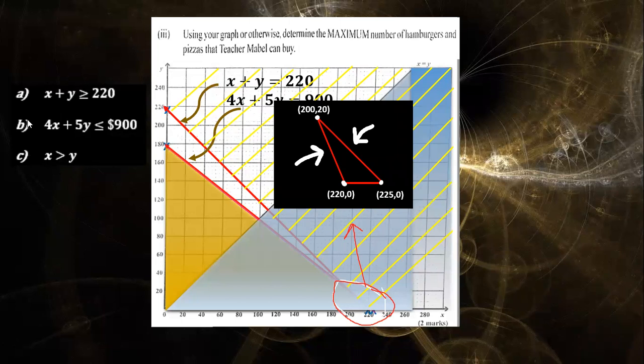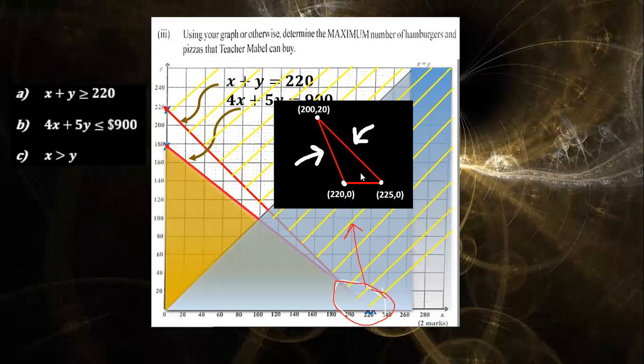So that's the first thing we did, right. And generally, you want to look at the points in the triangle, this point, this point, this point, and see how best they fit with answering the question itself. So the question says, determine the maximum number of hamburgers and pizzas. So the teacher, in all probability, will have bought both hamburgers and pizzas, all right? In all likelihood.